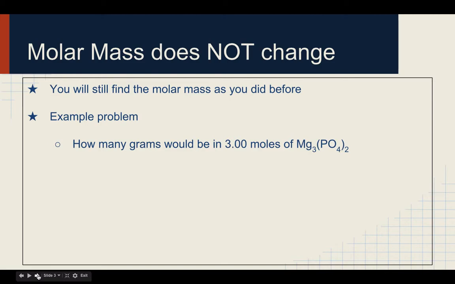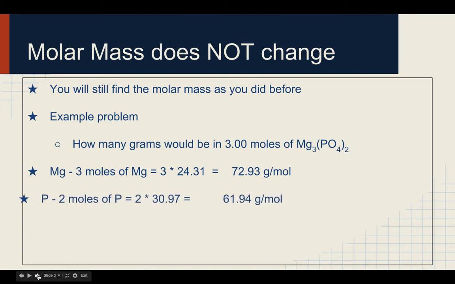Now, if you remember back to yesterday's video, we did this problem. So first off, what do we need to find? Exactly. We need to find the molar mass of each individual element. So first we see that we have 3 moles of magnesium, and we get 72.93 grams per mole. There are 2 moles of phosphorus.